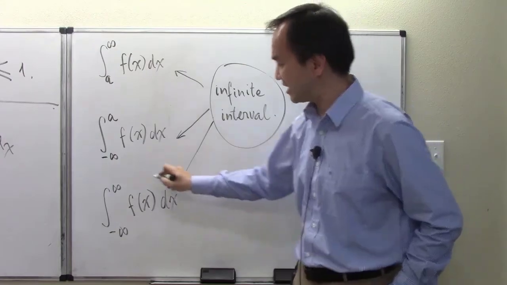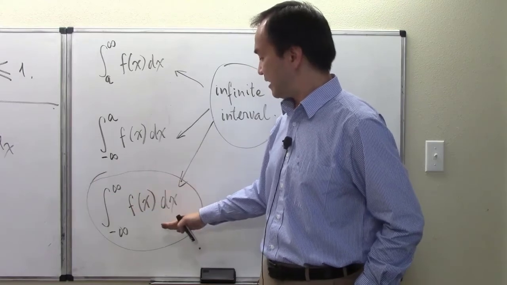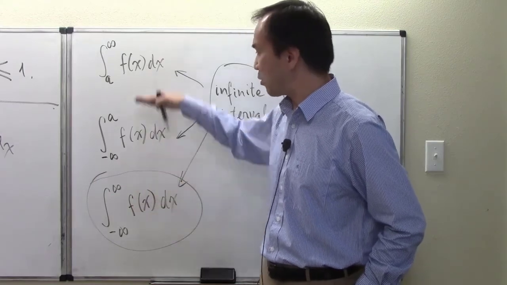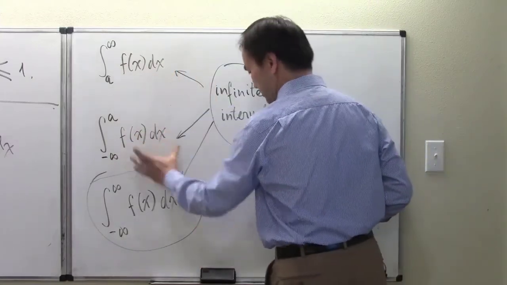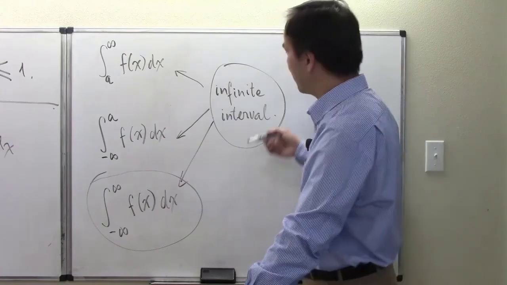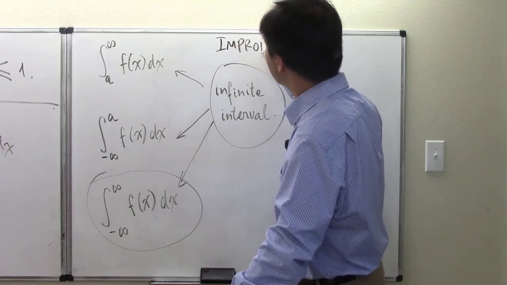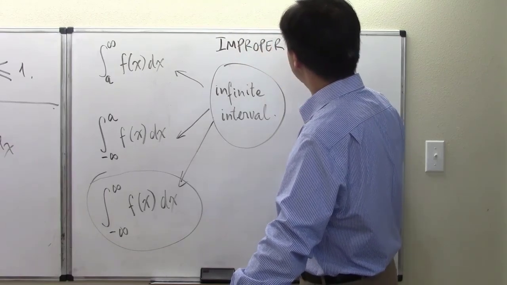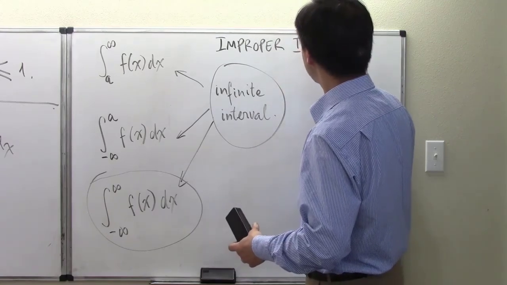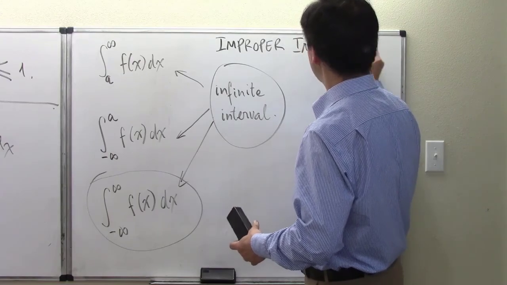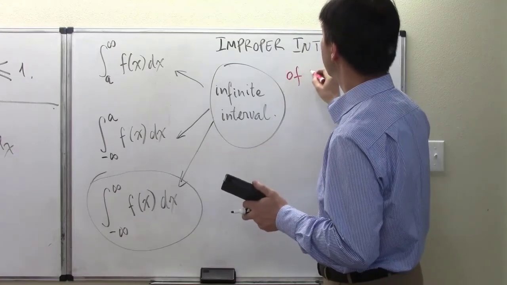And as a matter of fact, this last form, this third form that I introduced most recently, requires both of the forms that we learned prior to that. And so these three forms of the improper integral, we refer to these as improper integrals of type 1.